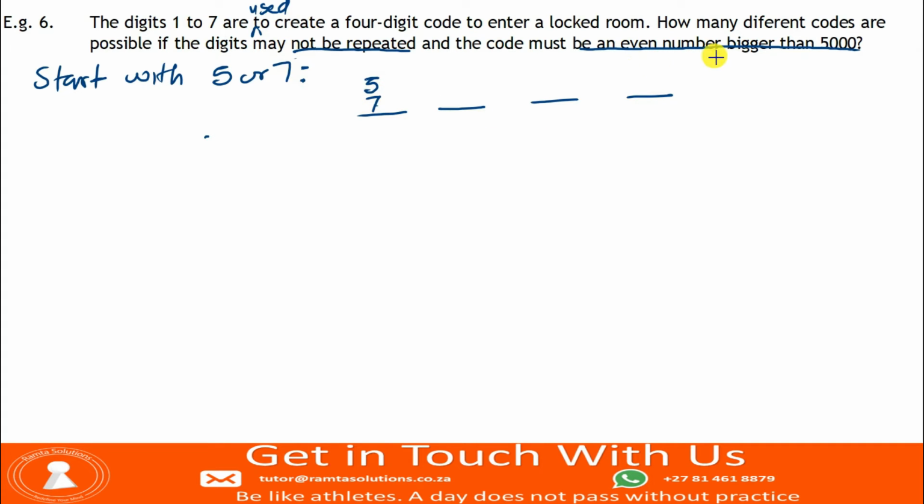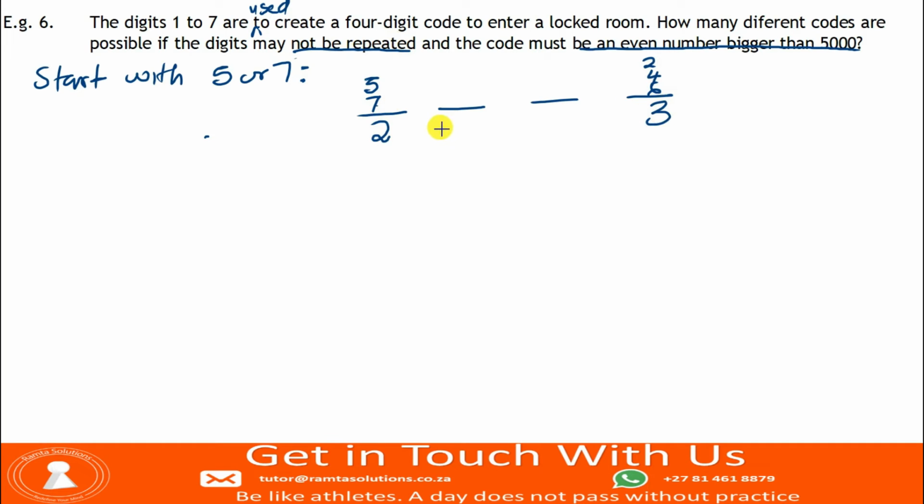To be an even number, the last digit must be 0, 2, 4, 6, or 8. We don't have 0 here, we don't have 8, so it must be 2, 4, 6. For the first digit, we have 2 numbers to choose from. For the last, we have 3 numbers to choose from. Digits may not be repeated, so we take 1 for the first and 1 for the last.